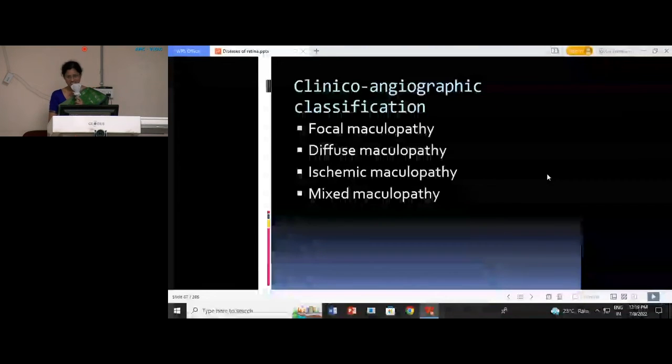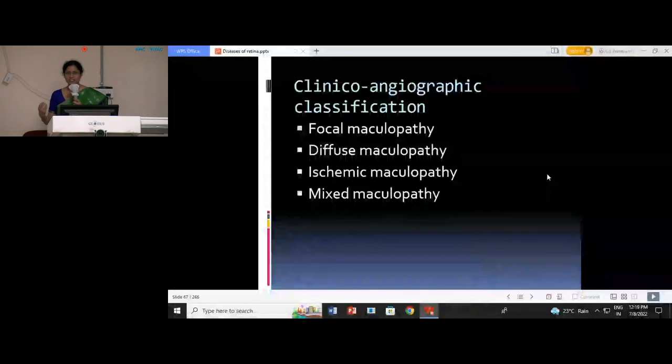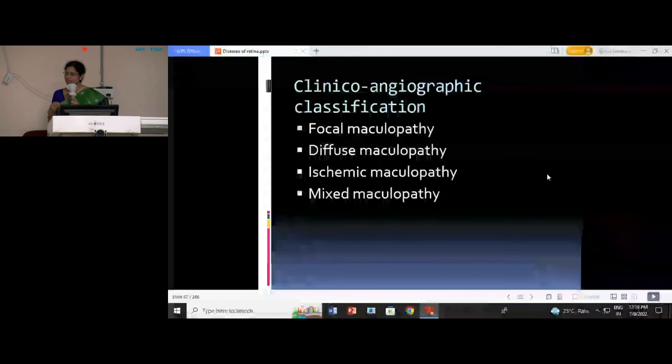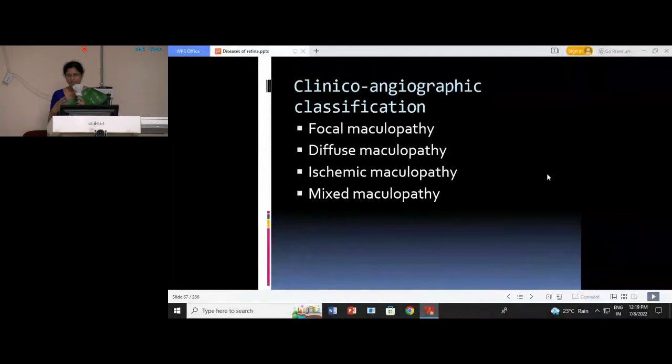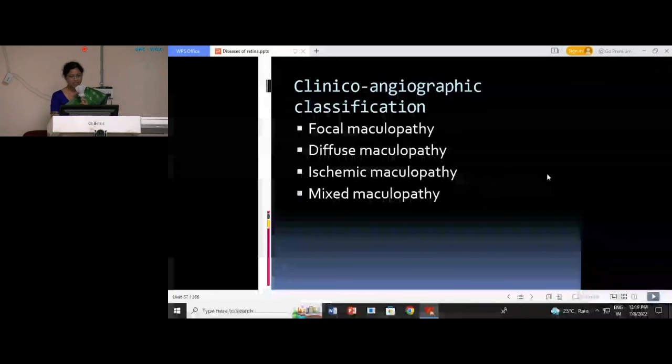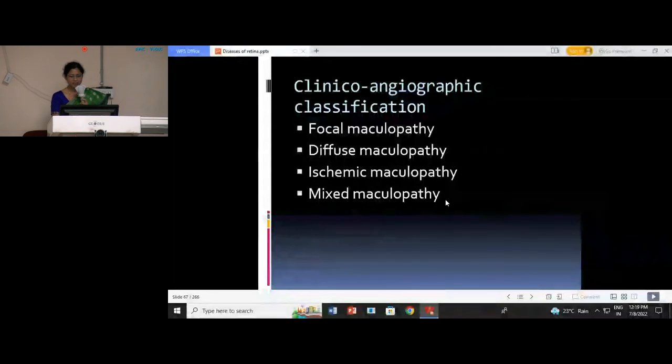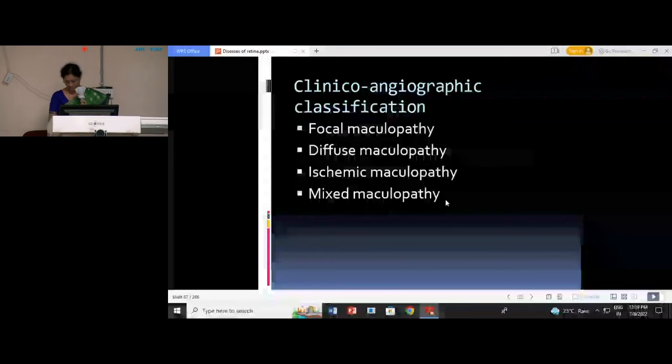We inject the dye and then take serial photographs. Depending on the findings, diabetic maculopathy may be focal, diffuse, ischemic, or mixed maculopathy. We will see each one in detail.